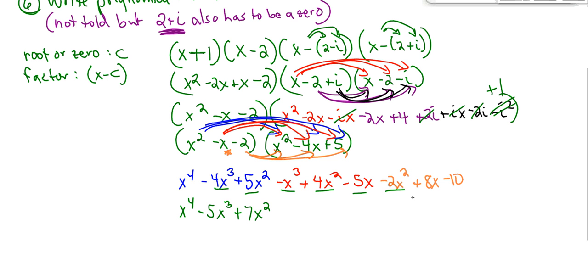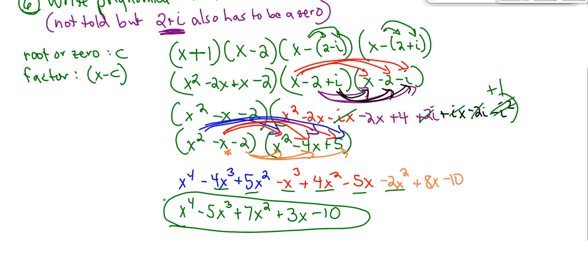And I think I had a mistake maybe here, or not. Oh no, I'll have plus 3x and then minus 10. And so this is the function, and maybe I'll put on there that that was f of x. Could be this.